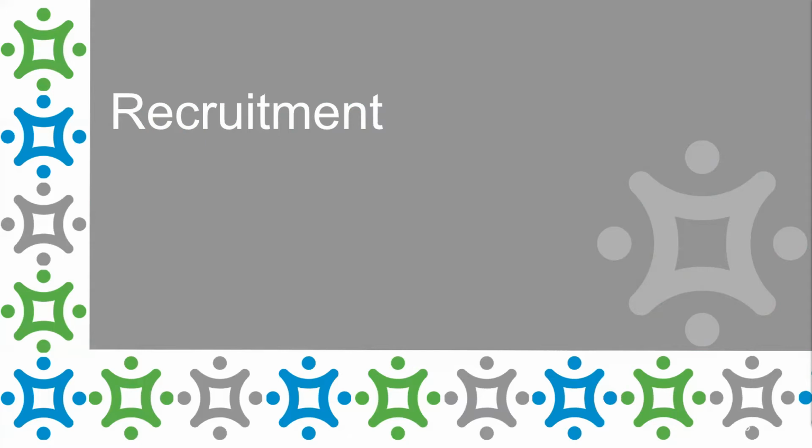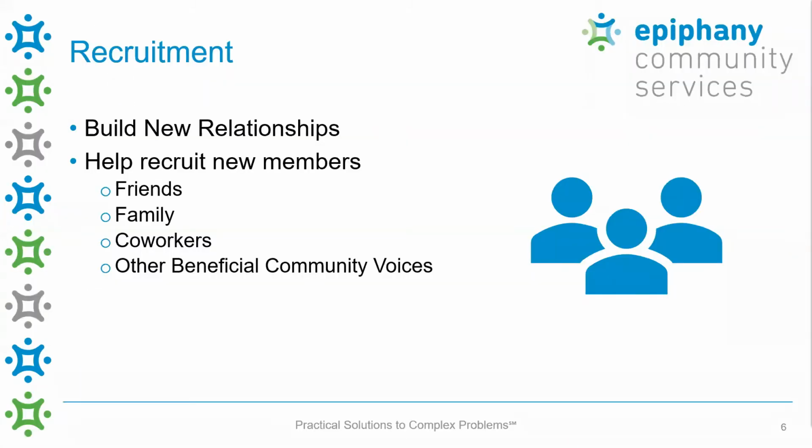So it's important to constantly be helping recruit, even if it's just someone who's a friend or a colleague. Recruiting those members is really going to help the coalition keep consistent numbers, keep the work going that needs to be done. Recruitment can also be looked at in terms of building relationships.